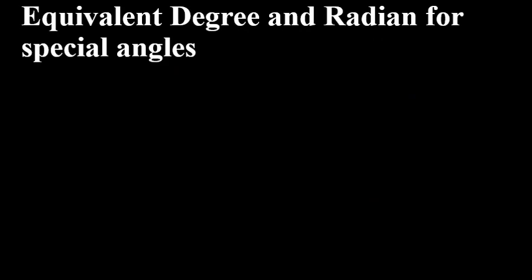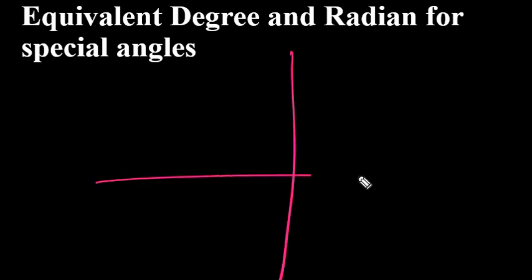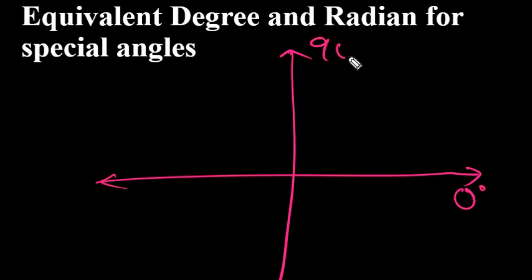Now we have a few special angles. These special angles, if you remember them directly, will help you. So what are these special angles? In degrees, we know that this is your 0 degree, this is your 90 degree, this is your 180, and this is 270 degree, right?